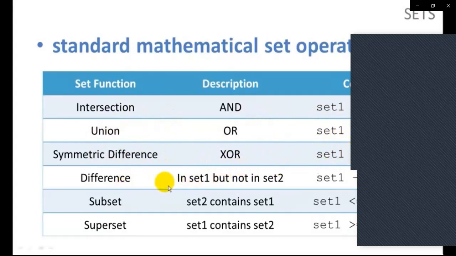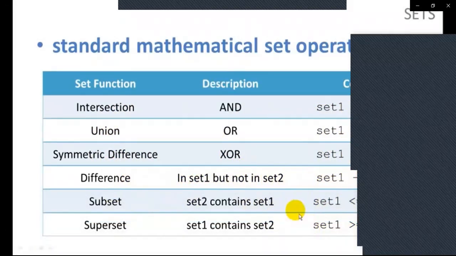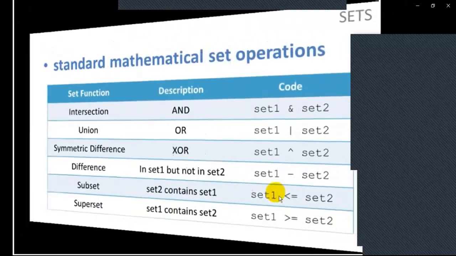The difference, which means items that are in set 1 but not in set 2, we just take set 1 minus set 2. And subset and superset basically return a Boolean value. Does set 2 contain set 1, or does set 1 contain set 2 for the superset question? So there are some of the set operations.